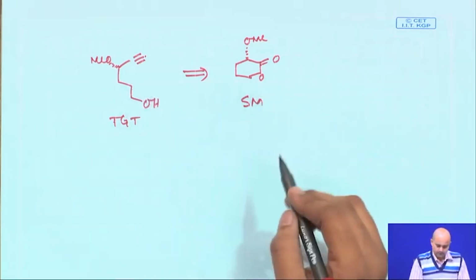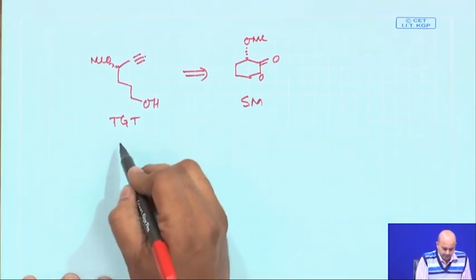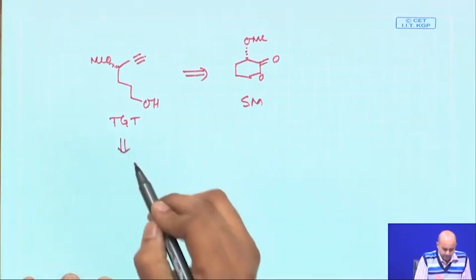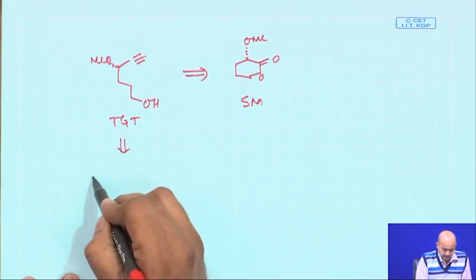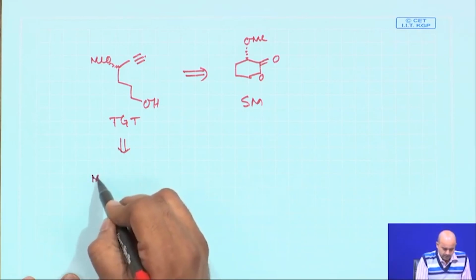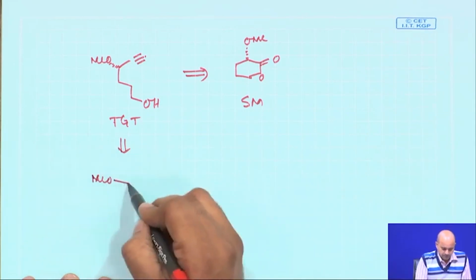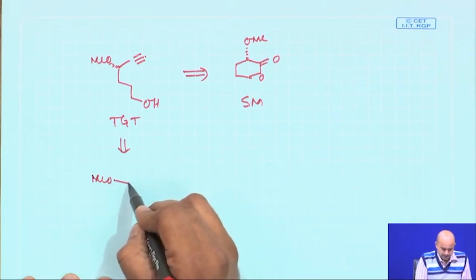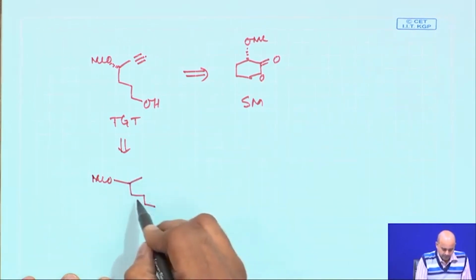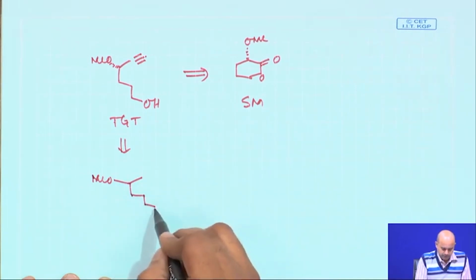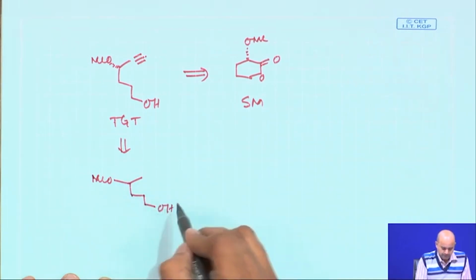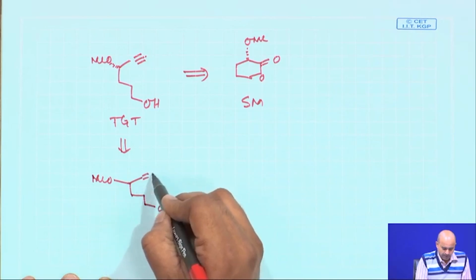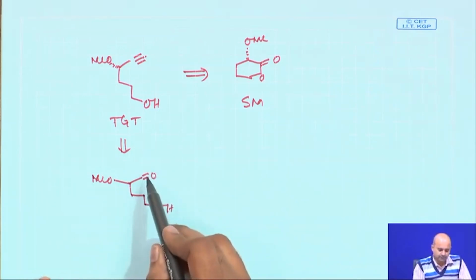Now, take the starting material first, and if we try to do the target in this way, we say this compound we will write in a different way, that 3 carbon CH2 is there, and you have this OH, and somehow if you have an aldehyde functionality here, aldehyde functionality.